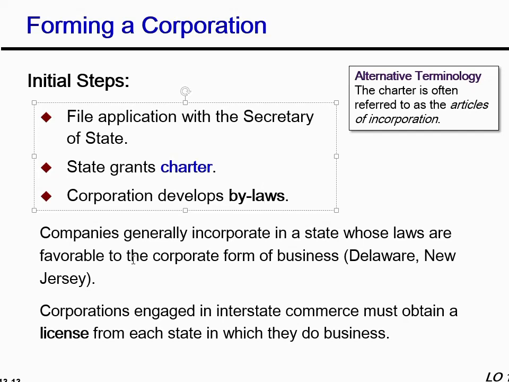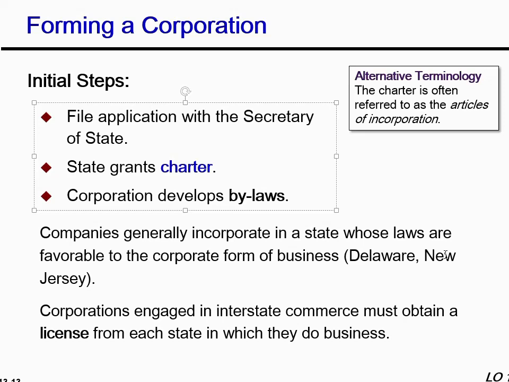Companies, whenever they want to start the business, they always check the market requirements, that are they really needed in that state or in that province or in that area, or do they have customers in that area, and then they start their business. So companies generally incorporate in a state whose laws are favorable to the corporate form of business.